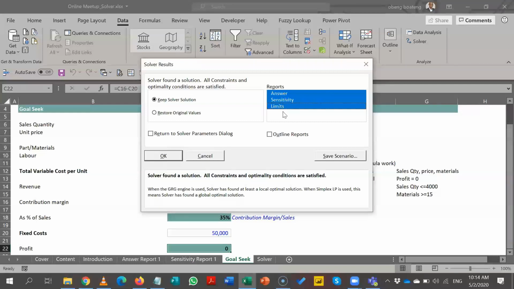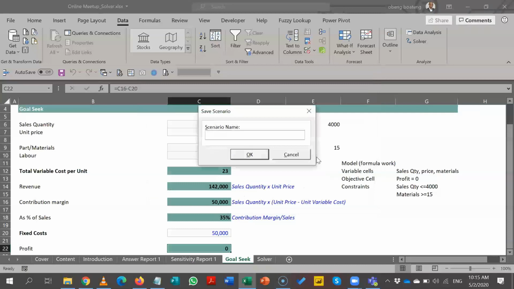Now, you don't always have to save the final answer. The other option you can do here is to save this as a scenario. In fact, Solver allows you to save this as a scenario. So you can save and then name it.